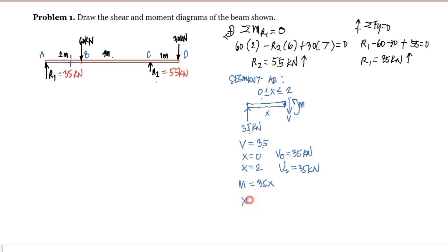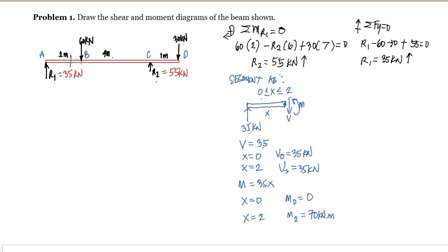Now at x equal to 0, the moment at 0 is equal to 0. We just substitute the value of 0 in our moment equation. At x equal to 2, the moment at 2 is equal to 35 times 2, so that's 70. And the unit is kilonewton meter.